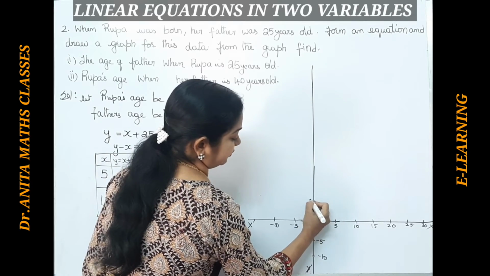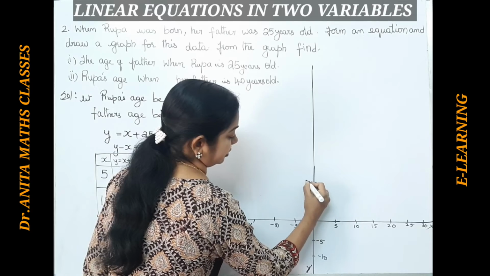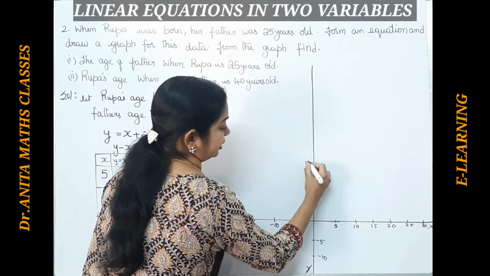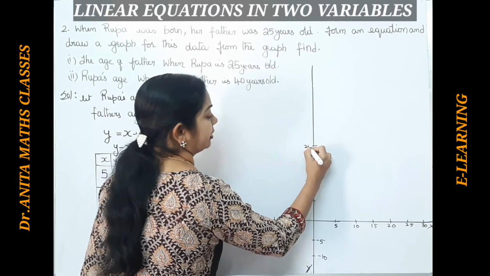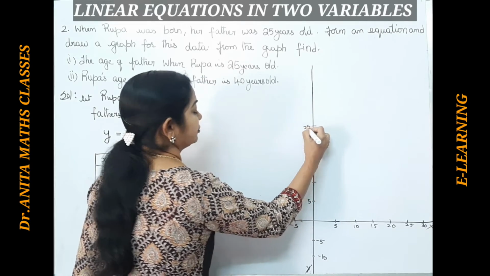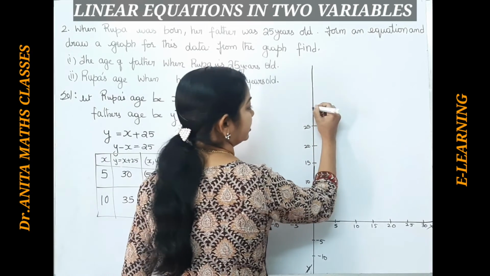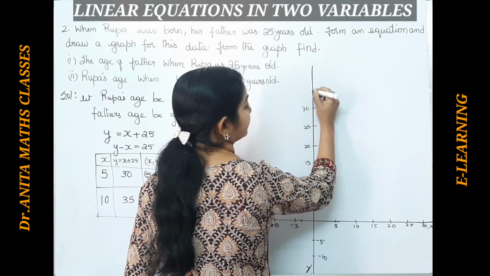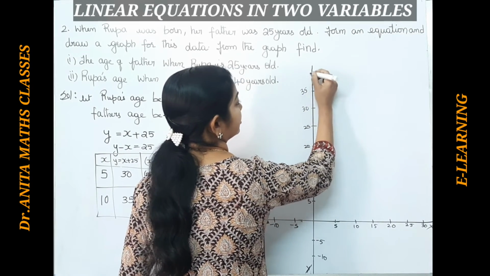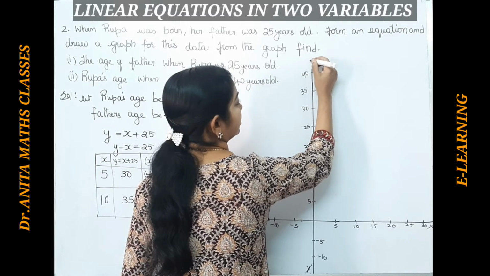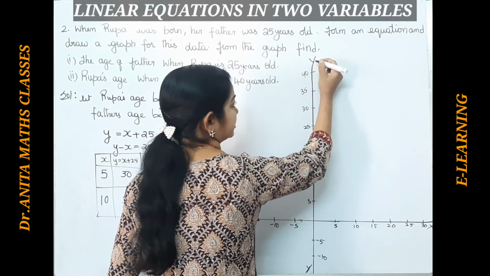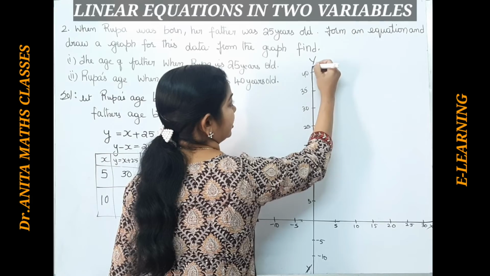Here let me take 5, 10, 15, 20, 25, the bigger ones being 30, 35, so let us take till 30, 35, and 40 also. This is the y axis.